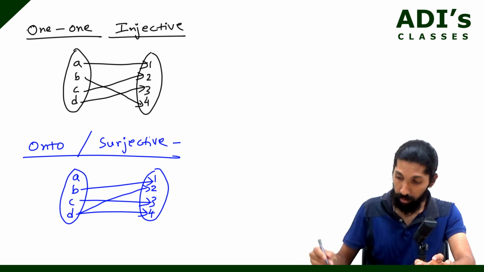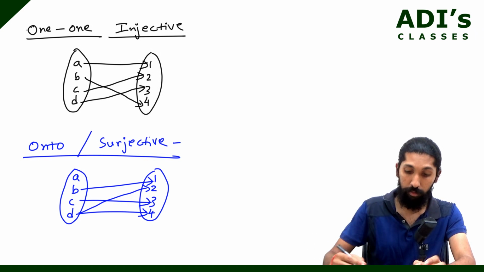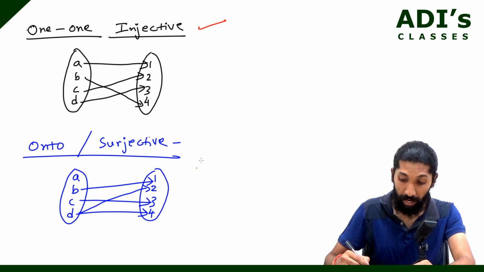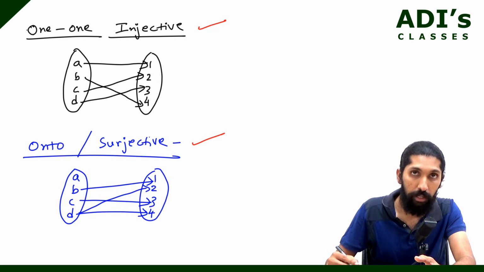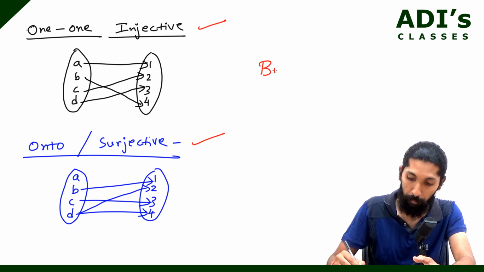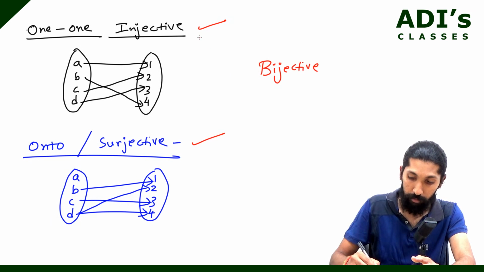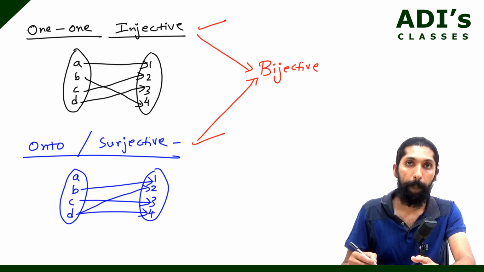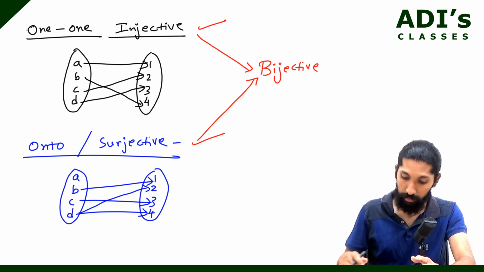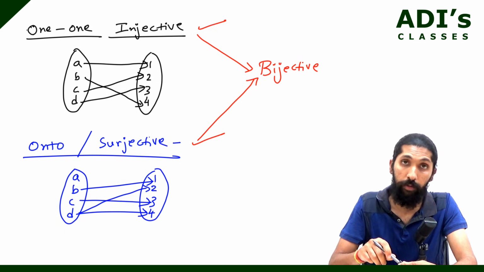Suppose the function is both one to one and onto, then such a function is called a bijective function. So bijective is both one to one as well as onto. Understood? These are the three types of functions we have.